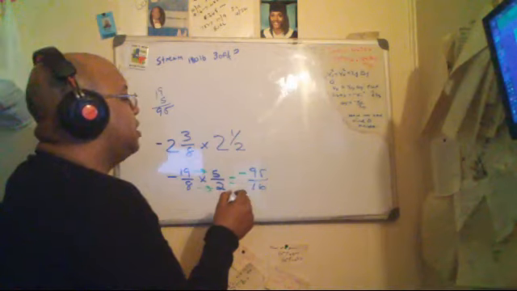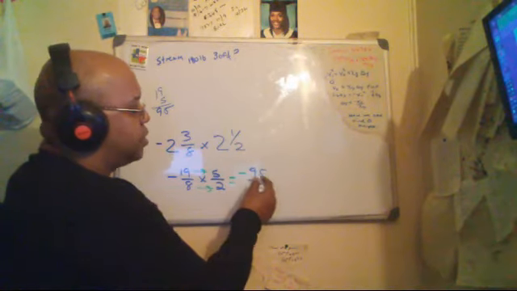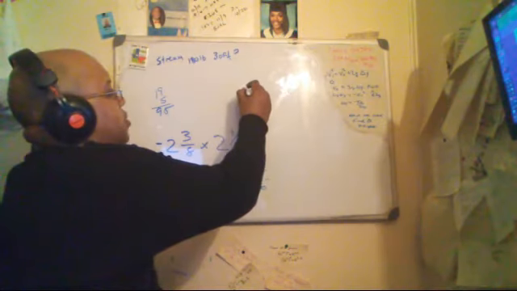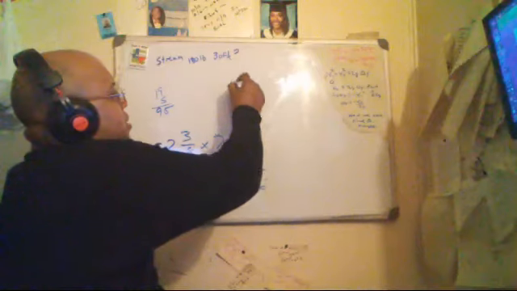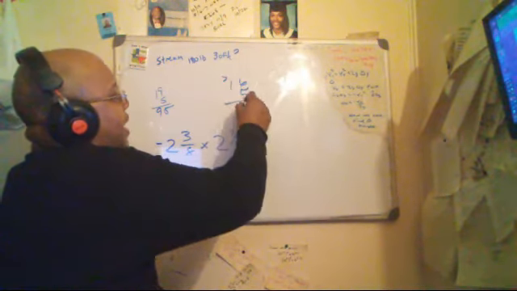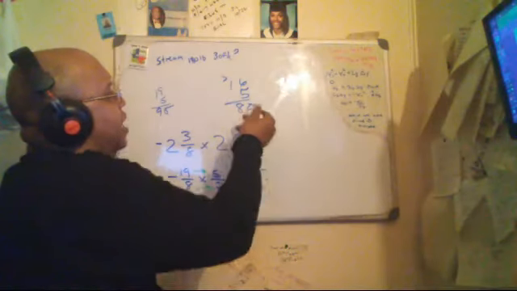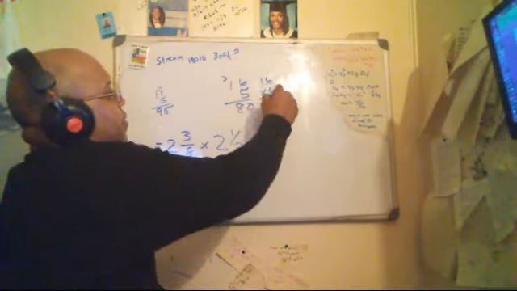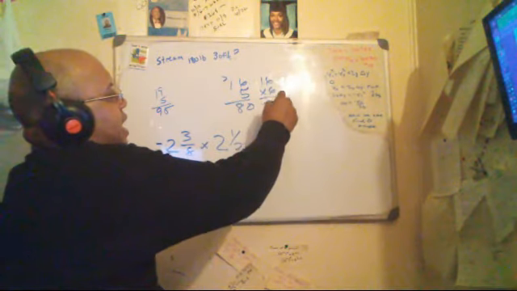So 16, this is almost 100, right? So I would test 5, see where 5 goes. 16 times 5 is 80. If we add another 16, that will put us at 96.